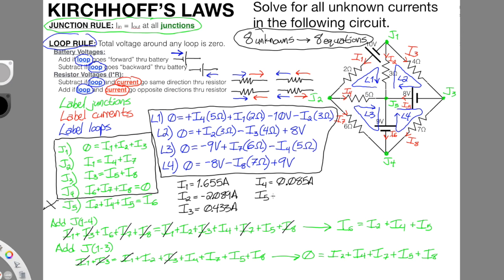I5 is 0.291 amps. I6 is negative 1.713 amps. I7 is 1.571 amps. And I8 is 0.143 amps.